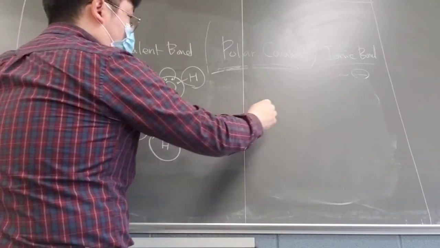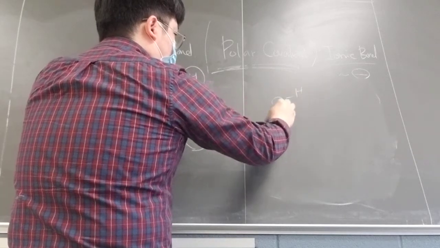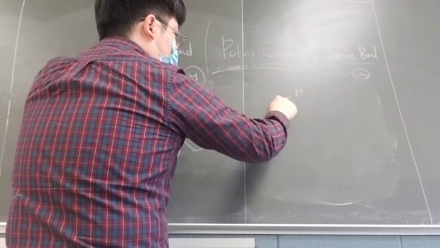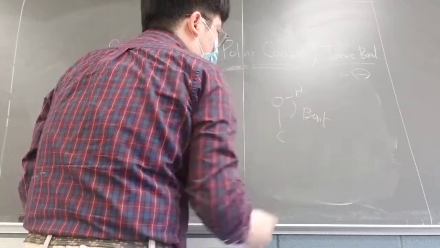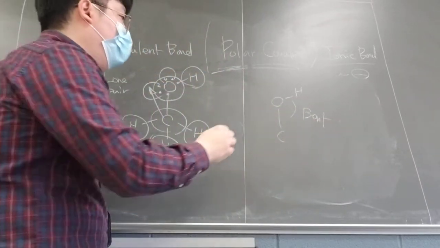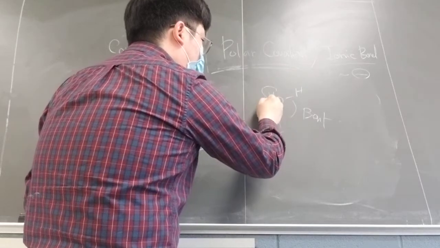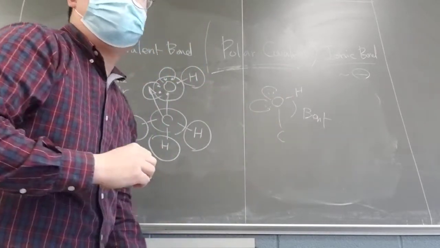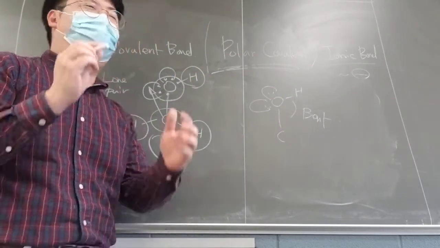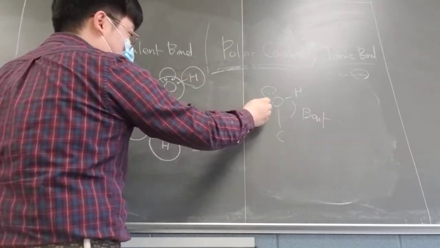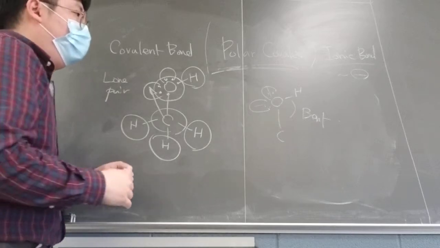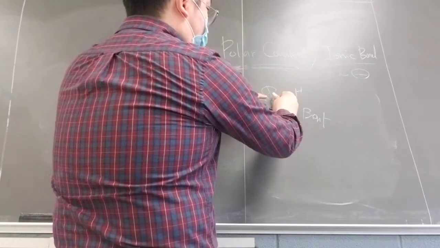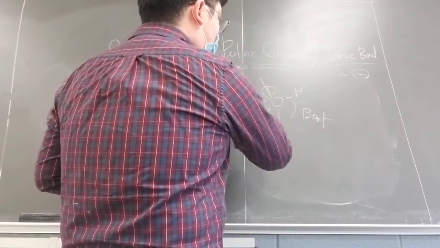Technically speaking, this looks like a bend in the molecular structure. But because of these 2 lone pairs, the electron domain structure will be tetrahedral. Yes, there you go. Because you consider this lone pair as also like a bond in the electron domain structure, meaning they're actually sticking up from this side and this side.